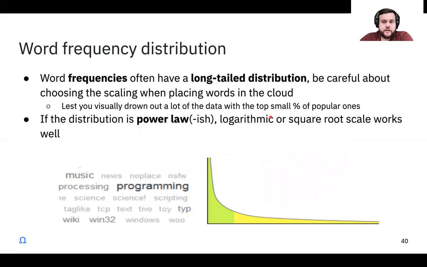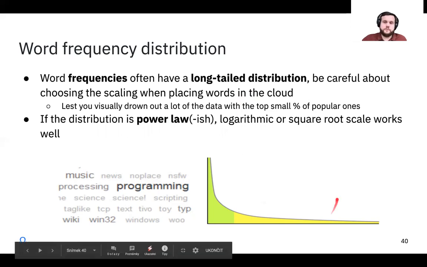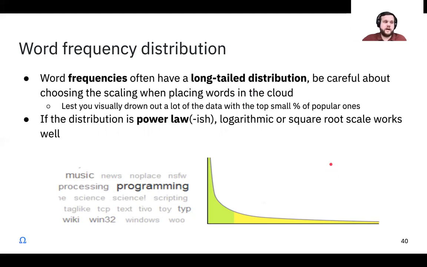An additional challenge is the word frequency distribution. The tendency is that if you take a text corpus in general and count the frequencies of words, you will very often have what is called a long tail distribution. You will have few words that dominate the count, but there are going to be a lot of words with small counts that are possibly interesting.